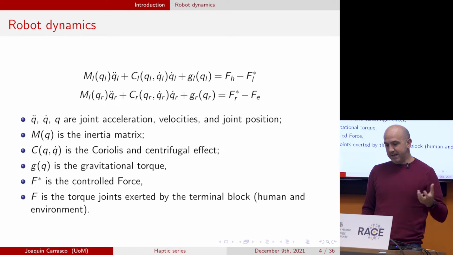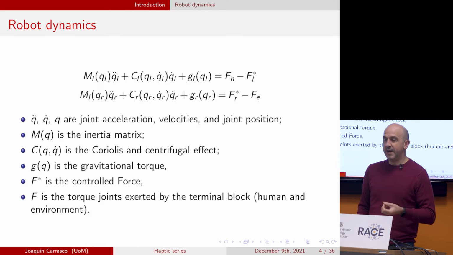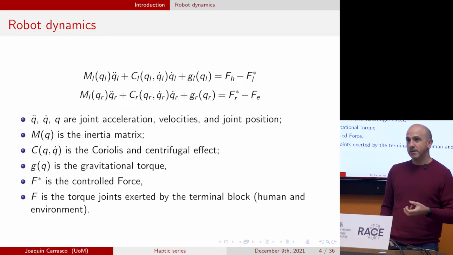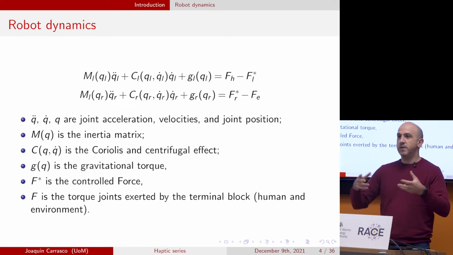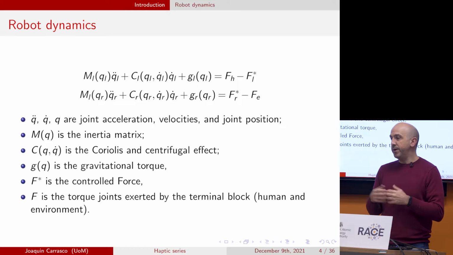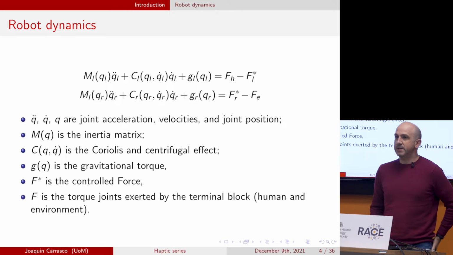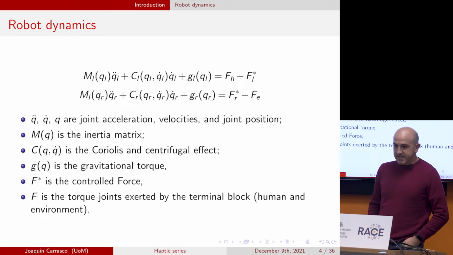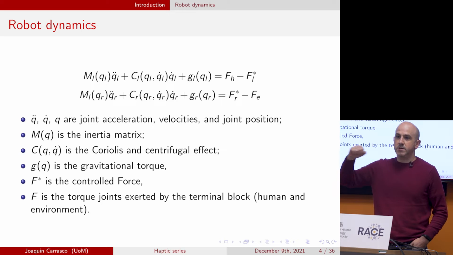The mass, M, is a generalized mass that will contain the mass of the different links and the moment of inertia and all these parameters that we have in physics. The C is the combination between the Coriolis effect when we have a rotation, because a robot normally will have rotational links.